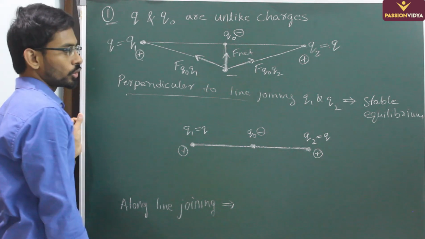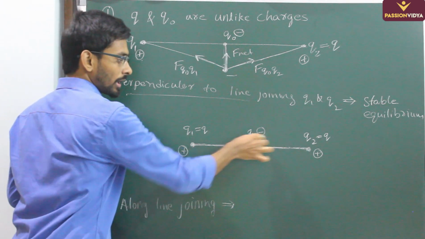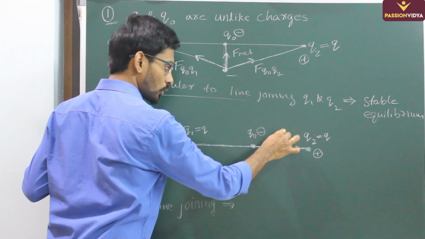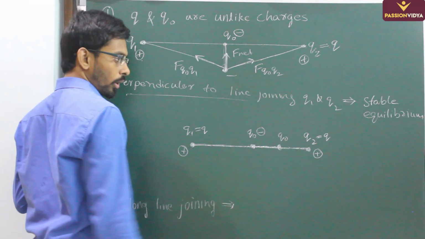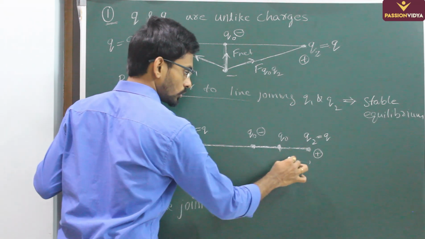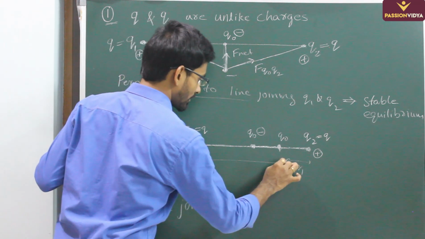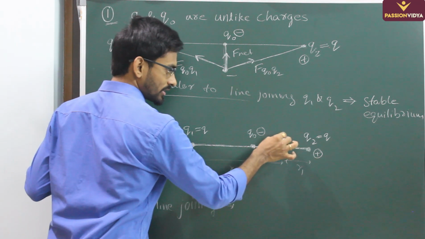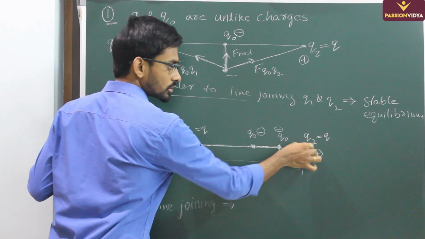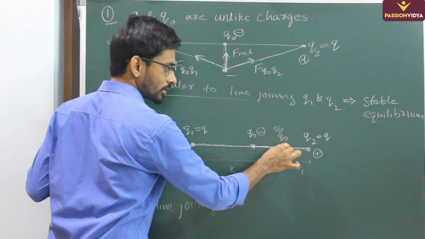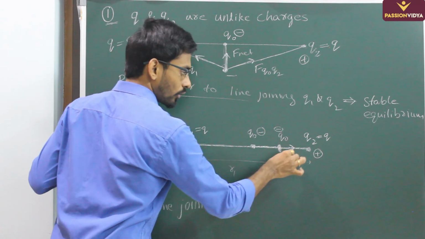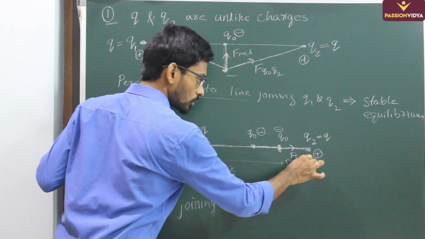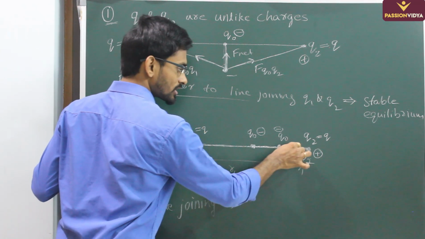Now let us check when you move along the line joining. Let us move q naught towards right. Now what happens? This is r2 and this is r1. As it is negative charge, these two will attract. So the force on q naught due to q2 will be in this direction, that is towards right.